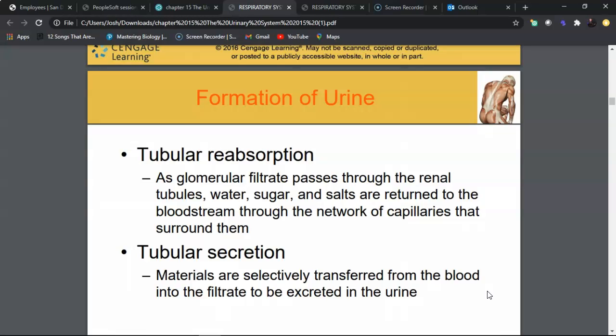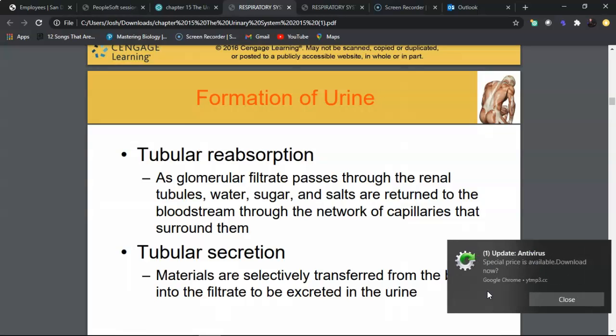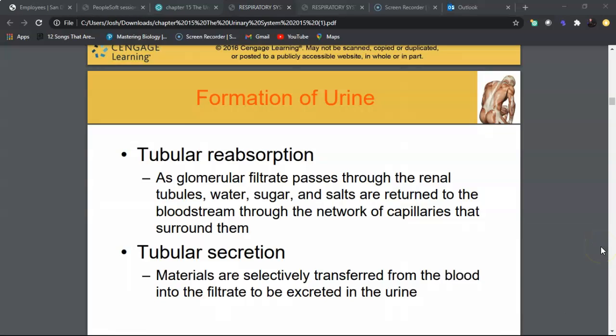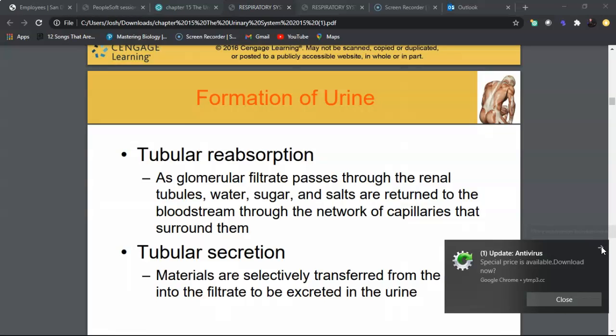If someone has diabetes and their sugar level is really high, let's say 200 or 300, then the proximal tubule will not have the capacity to absorb all of that sugar, and it starts spilling sugar into the urine. That's a situation called glycosuria.